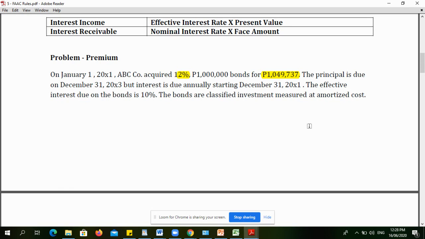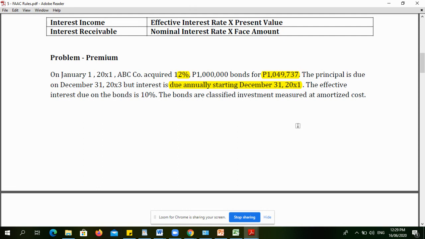The principal is due on December 31, 20x3, but interest is due annually starting December 31, 20x1. It means that ABC Corporation will also receive interest every December 31.